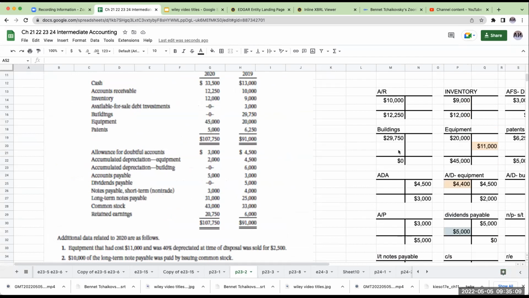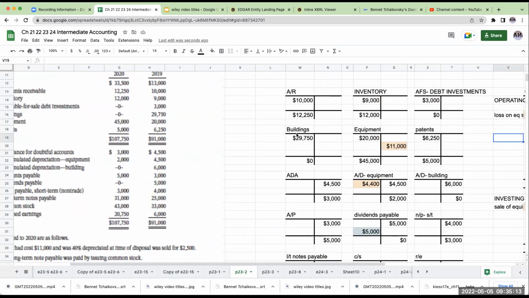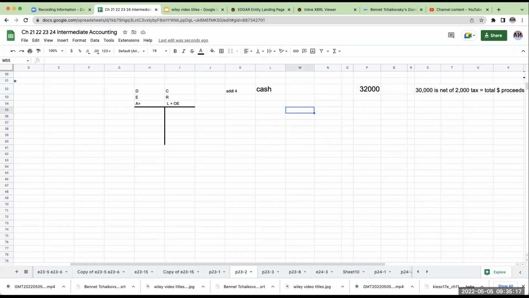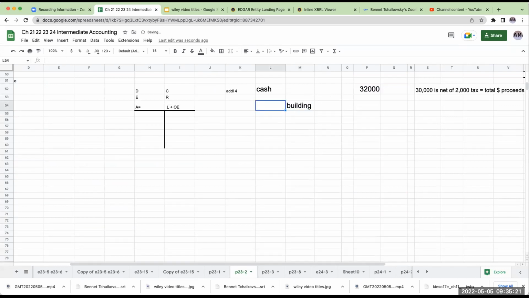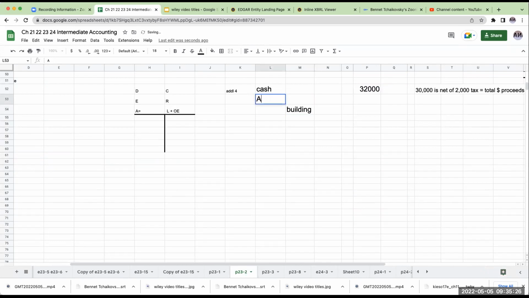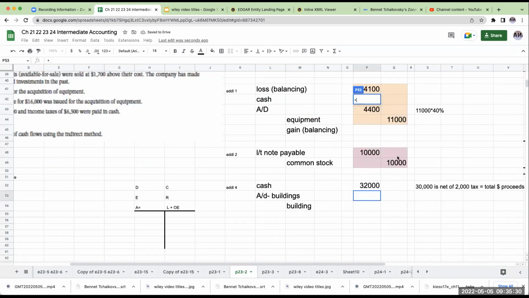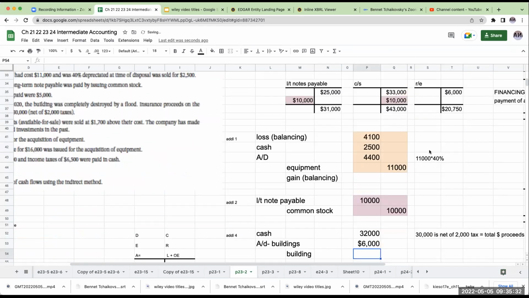So if we go here and look at buildings, if that building was destroyed by flood, we need to take off the related accounts. So over here, I'm going to have buildings. I'm also going to have accumulated depreciation on the buildings. My accumulated depreciation on the buildings was at 6,000.